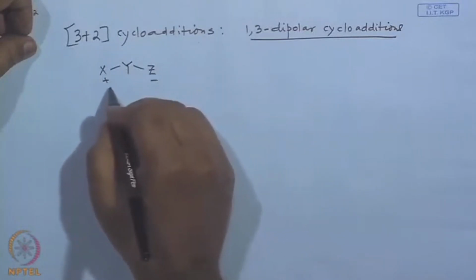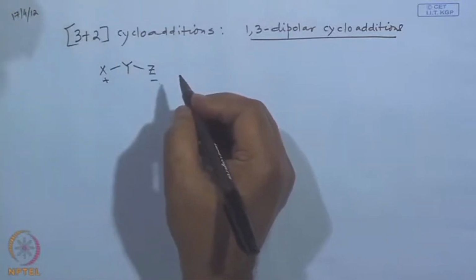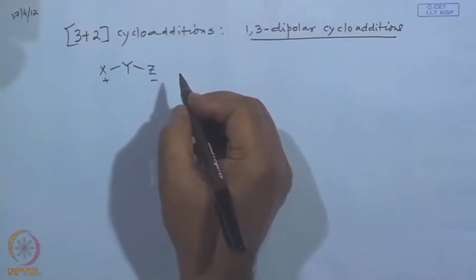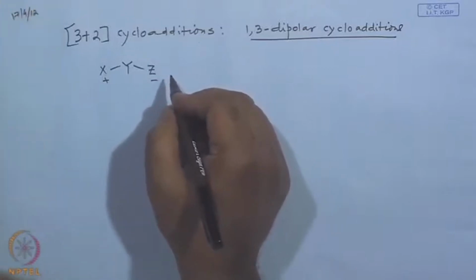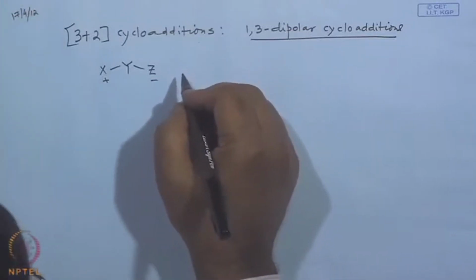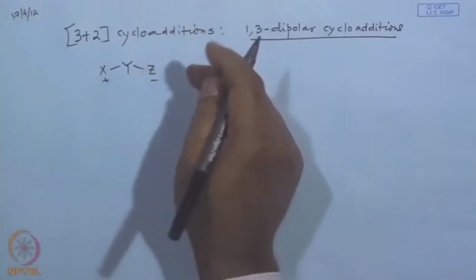So, a 1,3 dipole means the charge separation takes place between the 1st and the 3rd atoms, and they are also of different charges, like plus and minus, not plus plus or minus minus.